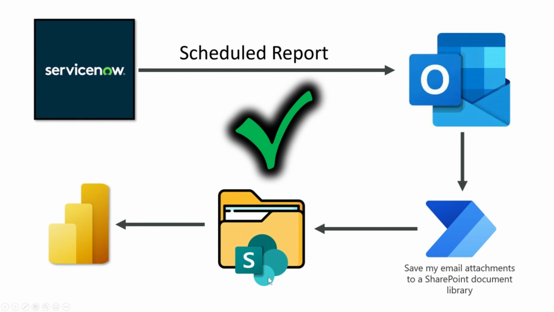With the files now saved into our SharePoint library, we've set up the connection so that Power BI reads the data from that SharePoint library. And then the last step is in Power BI just to make sure we've set up our scheduled refresh to again match the frequency that our scheduled report is sent. And that completes the loop of how you connect Power BI to your ServiceNow data.